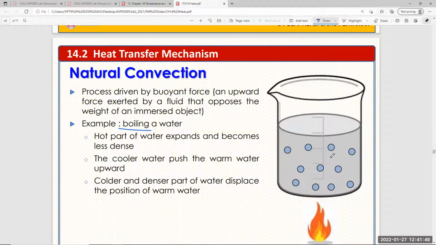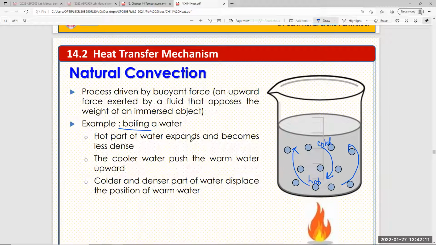Natural convection is the standard one, very simple. The hot one at the bottom, you heat it, and it gets up. But the cold one comes down and cools. So this is what we call natural. You are boiling the water.